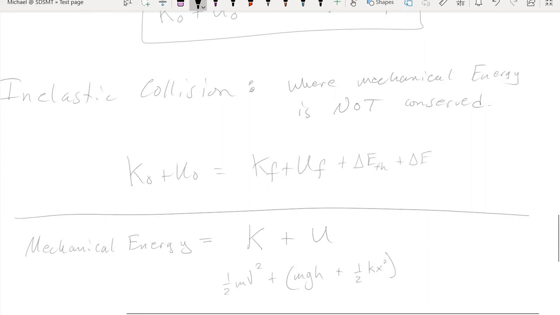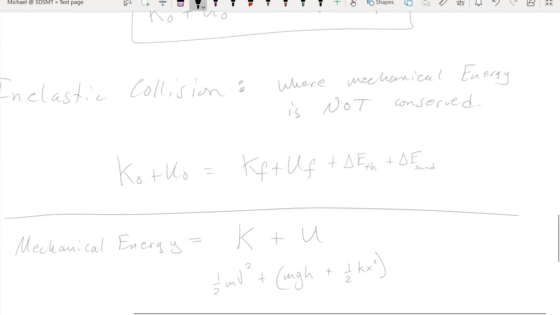Some of that energy could have been converted into sound. Some of it could have been converted into light. Some of it could have been converted into rotation, which actually rotation falls into the category of kinetic energy.